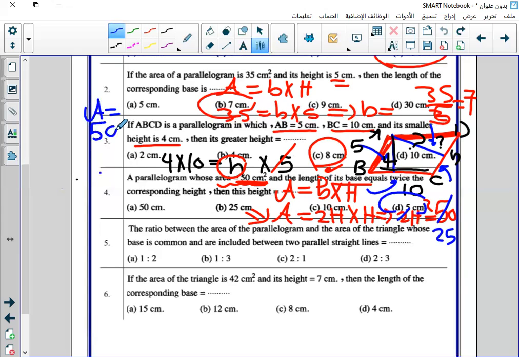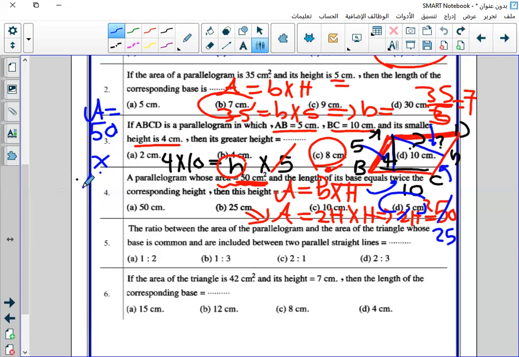And the length of its base equals twice the height. So let the length of its base equal x. Then the length of its corresponding height equals what? 2x.